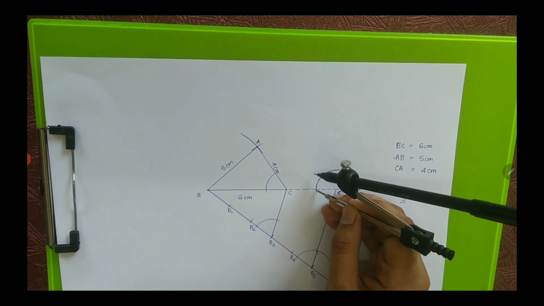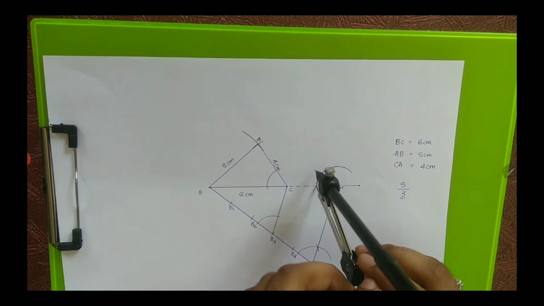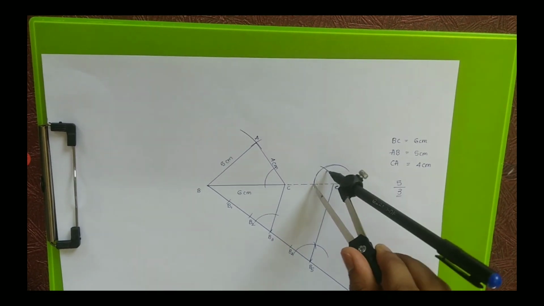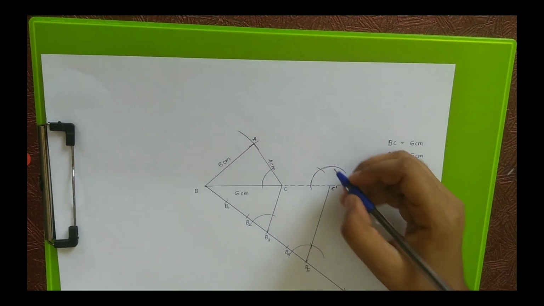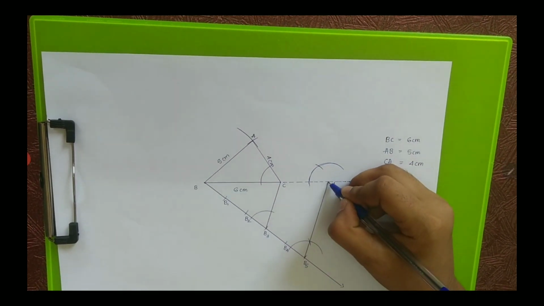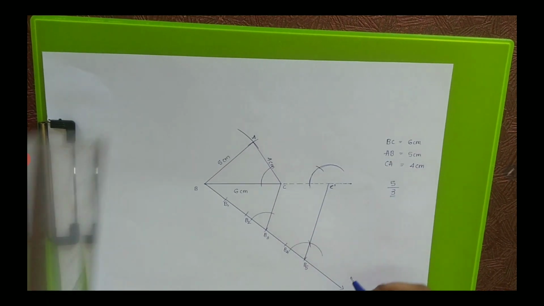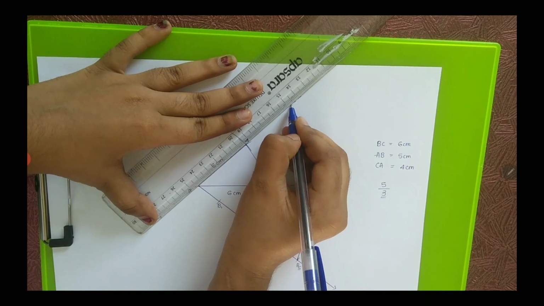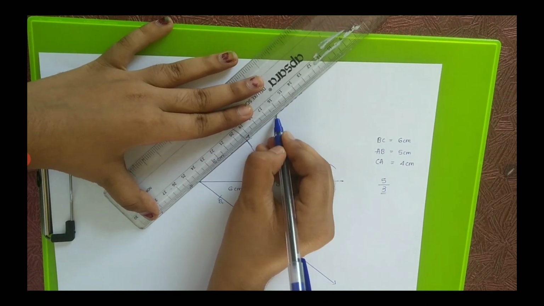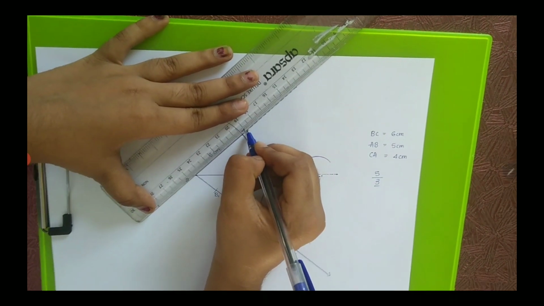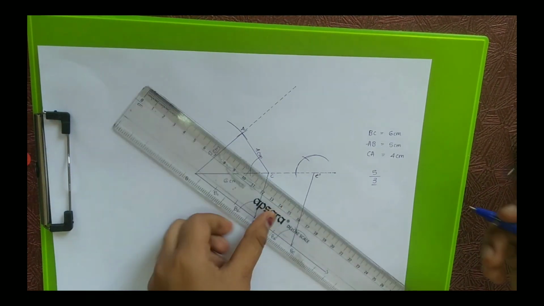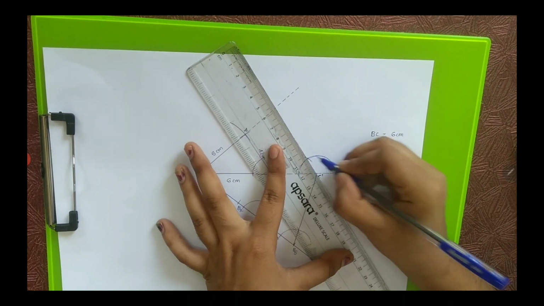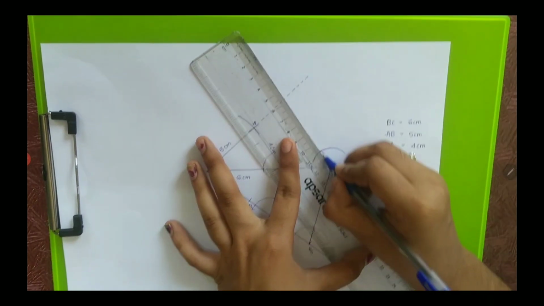And with this point as center, cut the previous arc. Now you will get the same angle at C dash. So join that point to C dash and produce AB, and join the C dash and that point to meet the line AB which is produced.